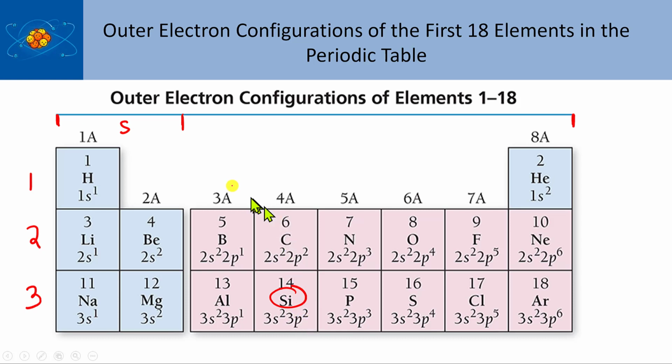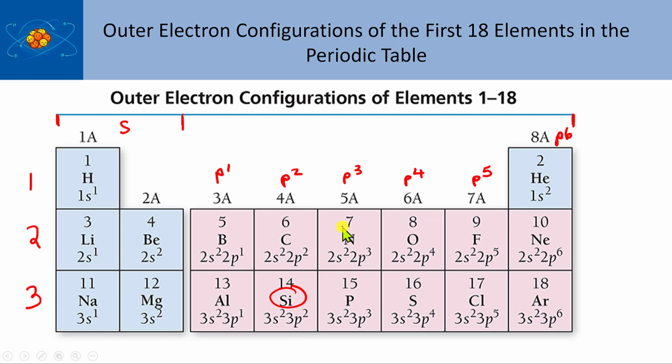I know it's P2 because this is P1, this is P2, P3, P4, P5, and then this is P6, okay? And you notice everything in a column, everything in the group, has the same number of valence electrons, and so it has the same ending, the same letter and number in their electron configurations.